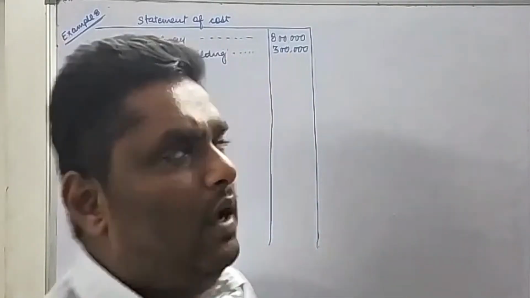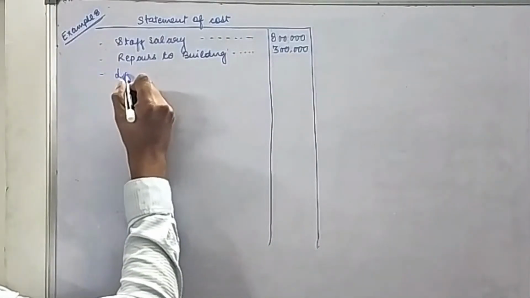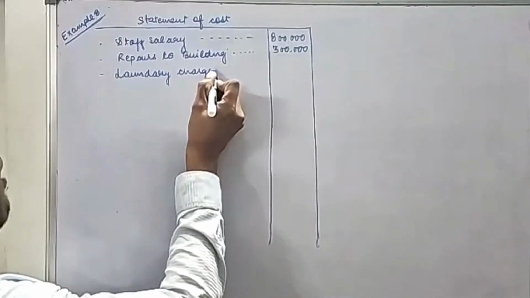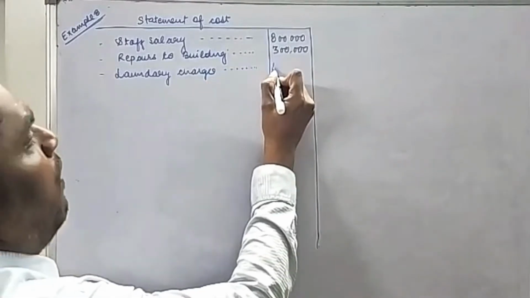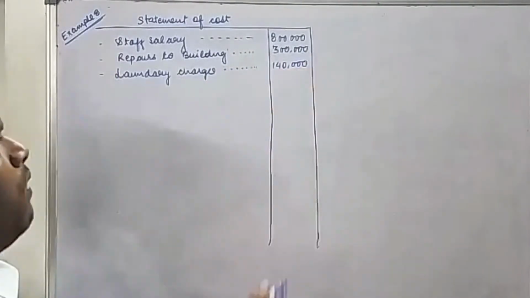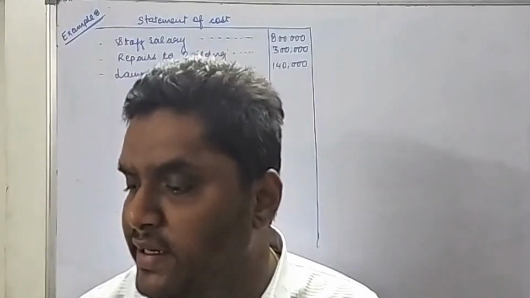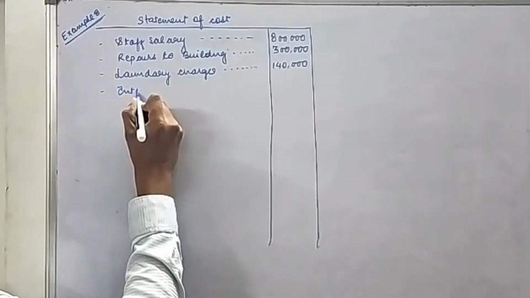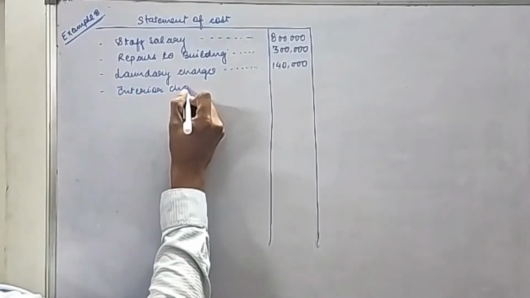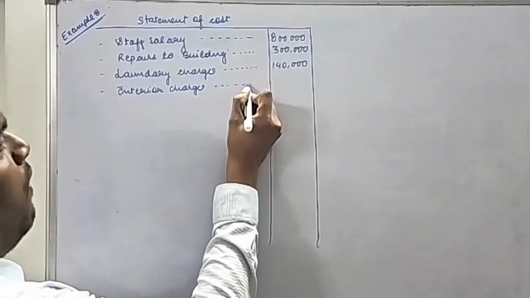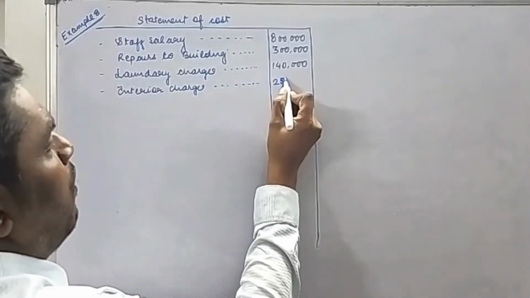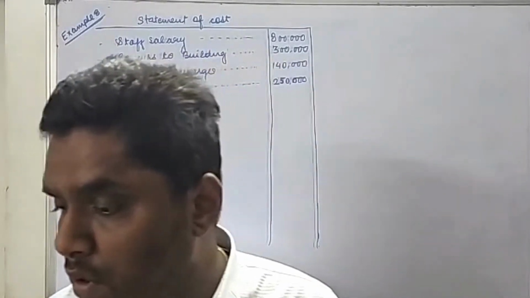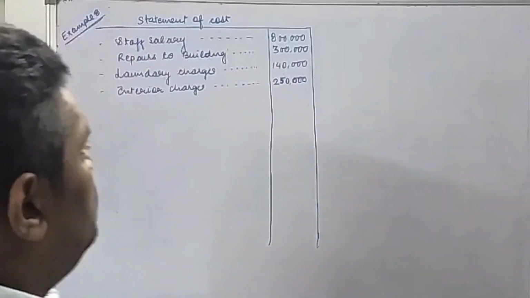Laundry charges are 1,40,000. Interior charges are 2,50,000. Miscellaneous expenses 2,00,000.